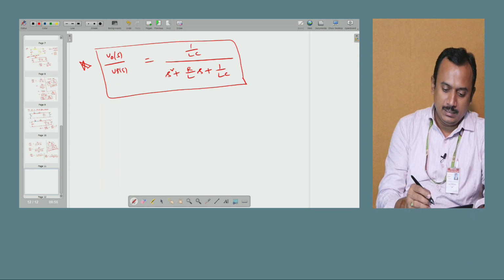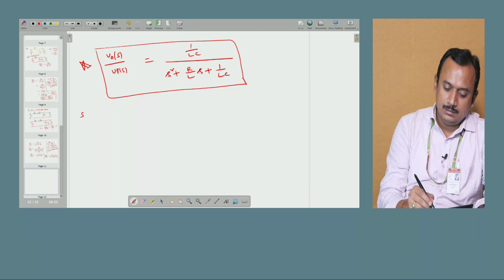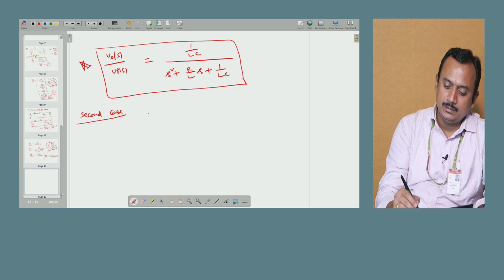Now as a second case, let me go for finding the transfer function for a differential equation.